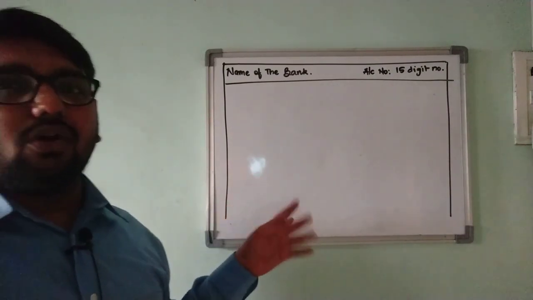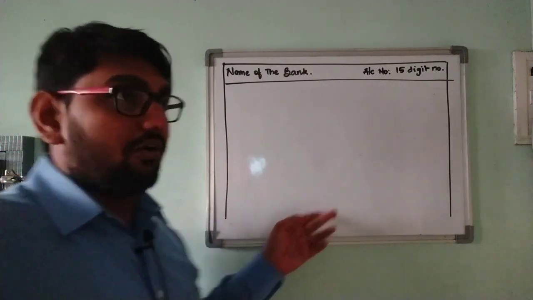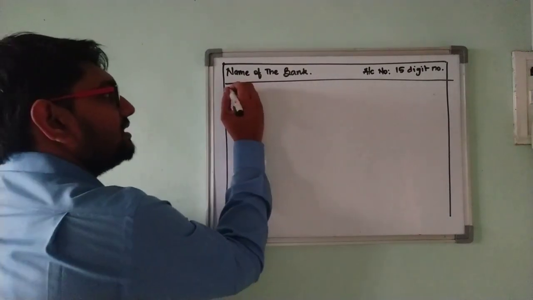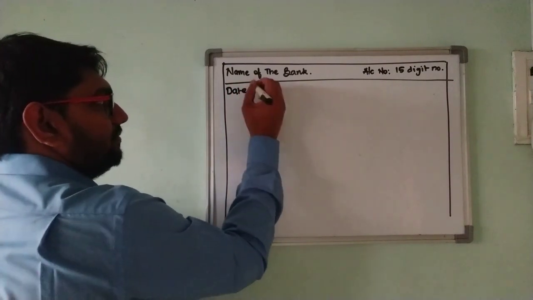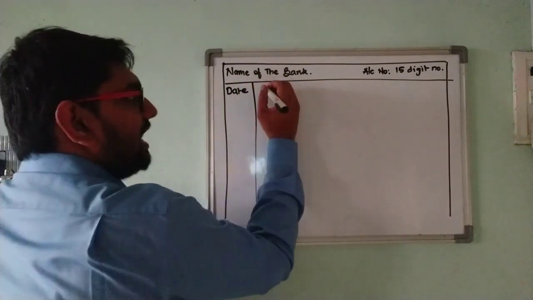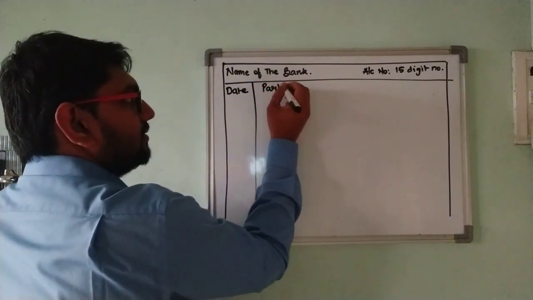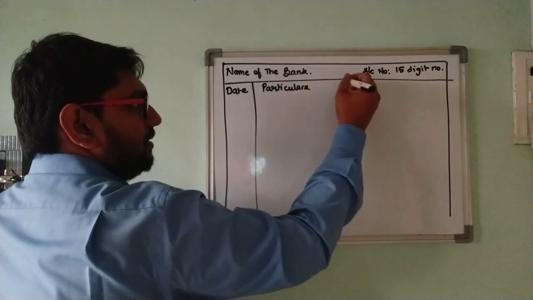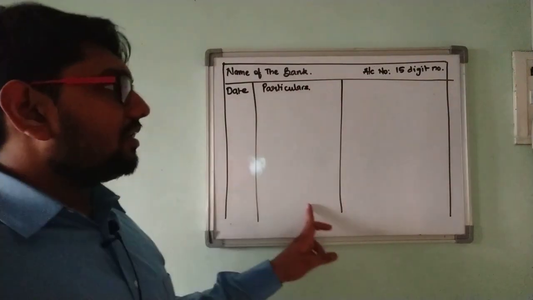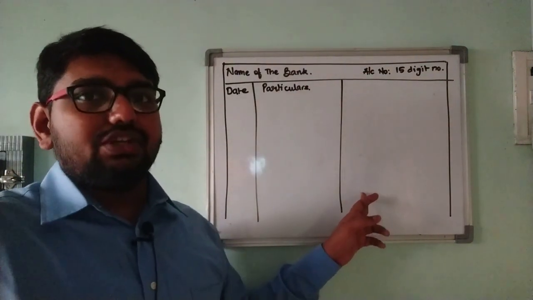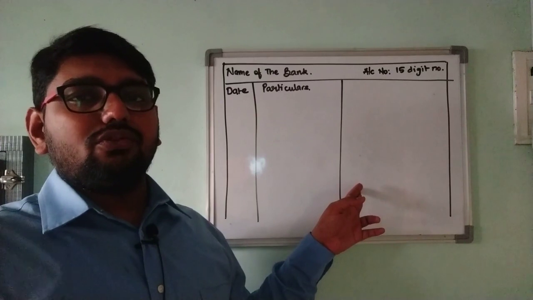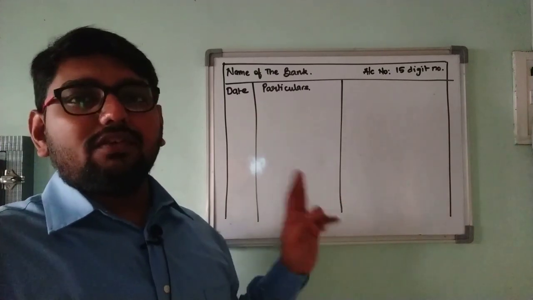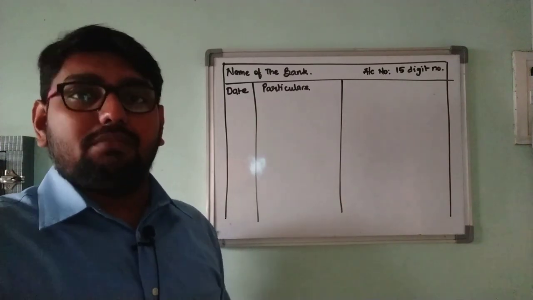So a passbook is almost like a journal. Let's see how. The first column over here is date. After date we have particulars. After particulars, normally we have LF in a journal. Over here, some banks do not give you the ledger folio, but instead of a ledger folio, they will give you a cheque number.